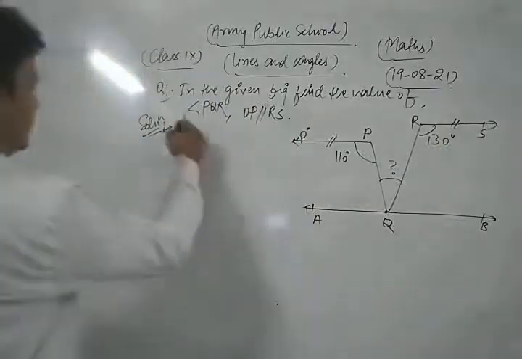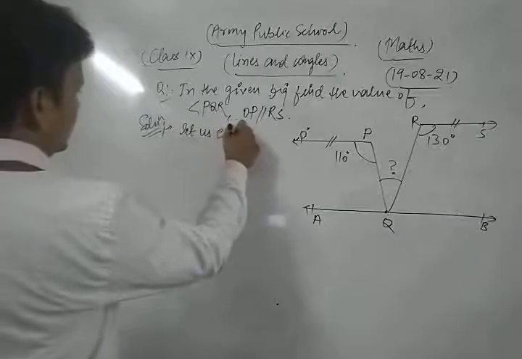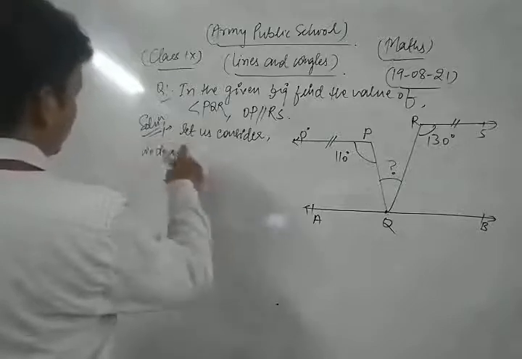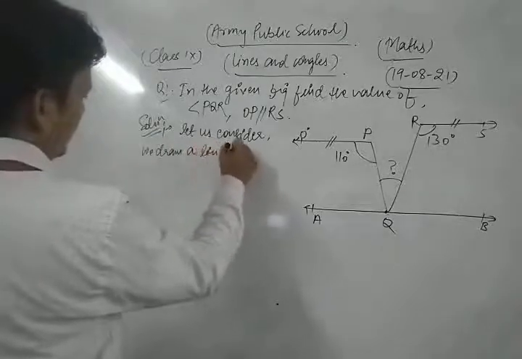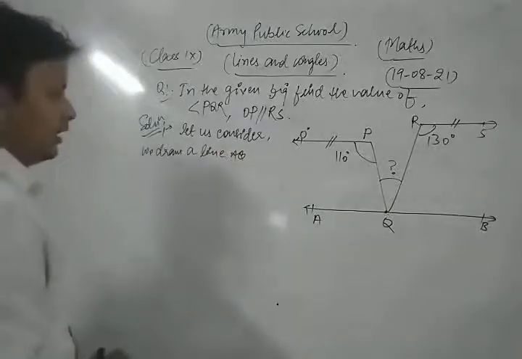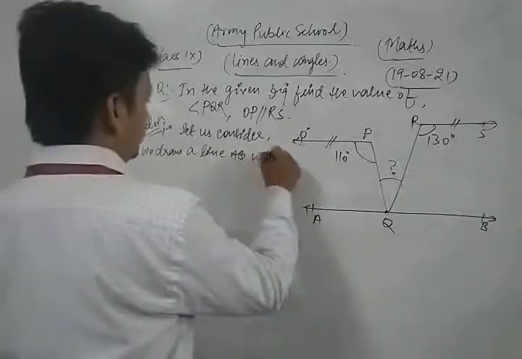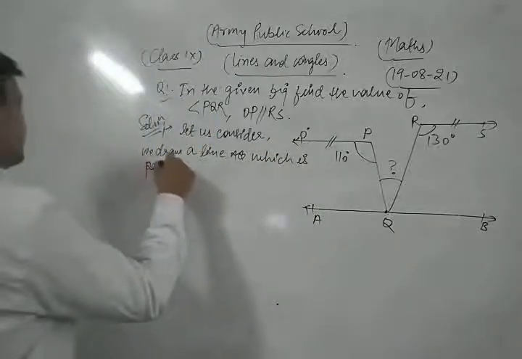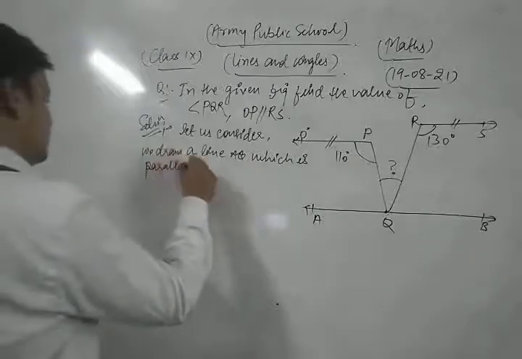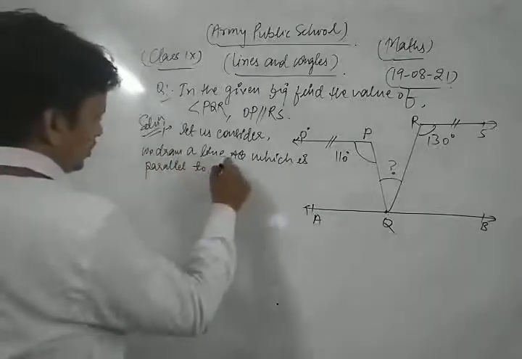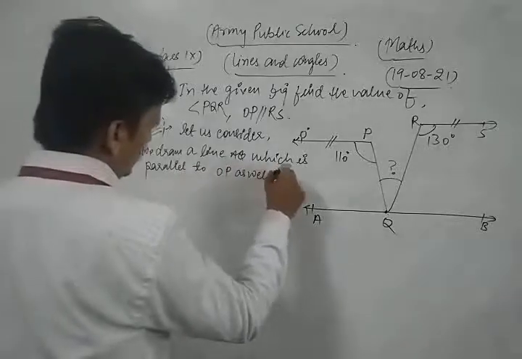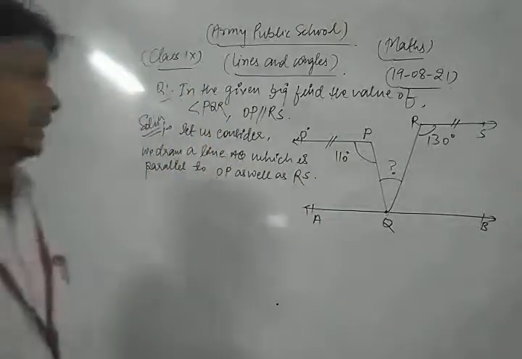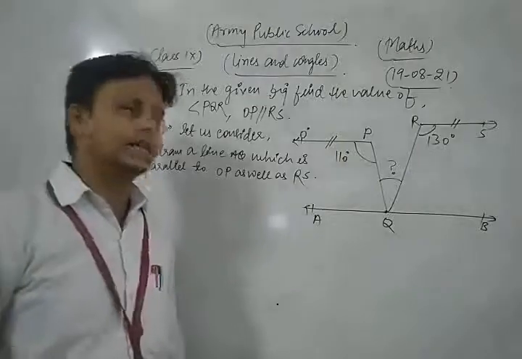So let us consider we draw a line AB which is parallel to OP as well as RS.